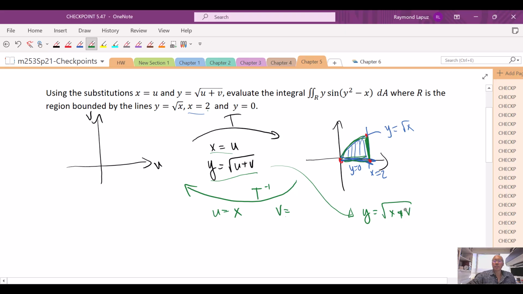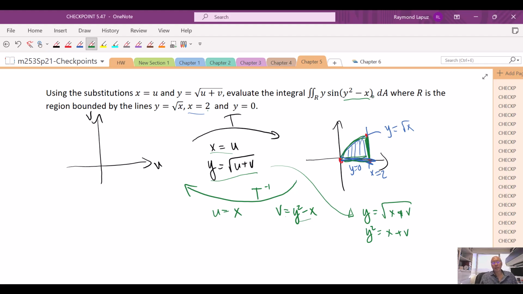We are solving for v, so let's square both sides. So we get y squared is equal to x plus v, and then when we solve for v, it's just bringing the x over to the other side. So v is y squared minus x. And I'm looking ahead a little bit, and I just noticed that there's a y squared minus x in there, so that whole expression in the sine function will just be v.